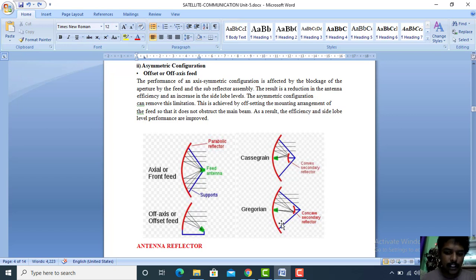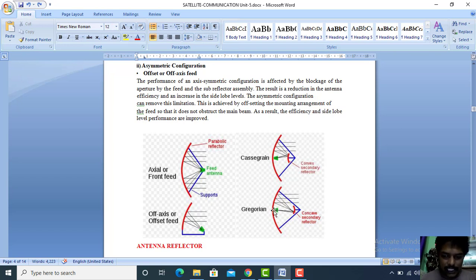You can see clearly the red line of the small one shown here is a concave secondary reflector. On the other side you have your parabolic reflector, the major one, and the green one shown is your feed antenna.